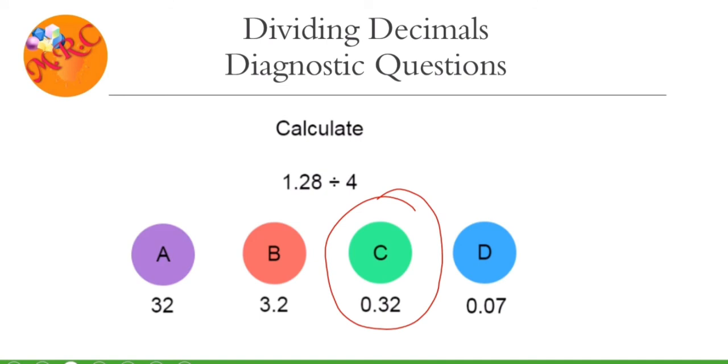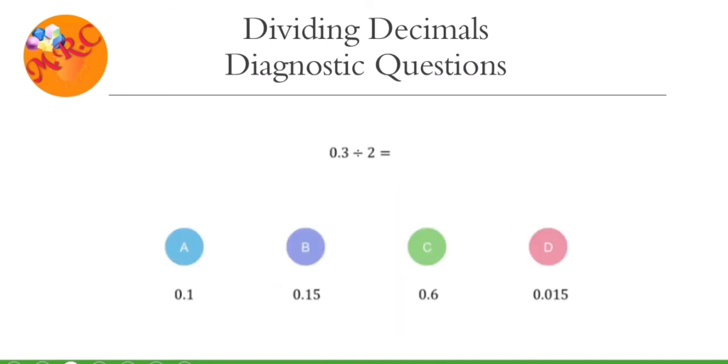The answer is 0.32. Let's go with this one: 0.3 divided by 2. We'll show the answer in 5, 4, 3, 2, and 1. The answer is 0.15.